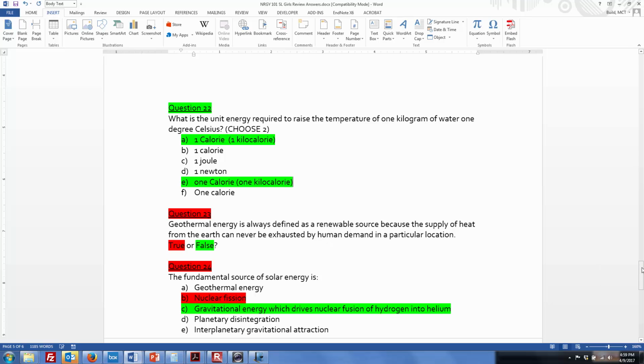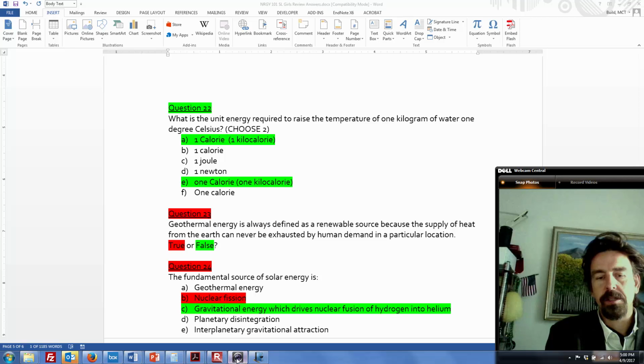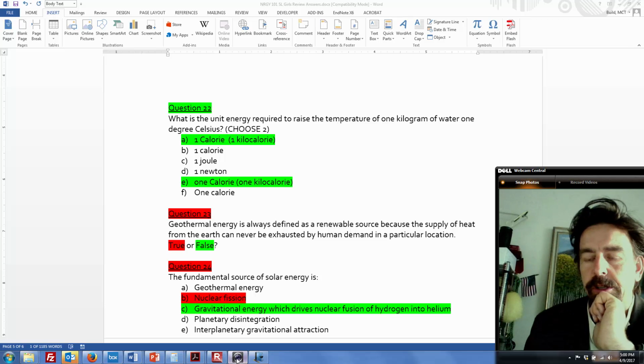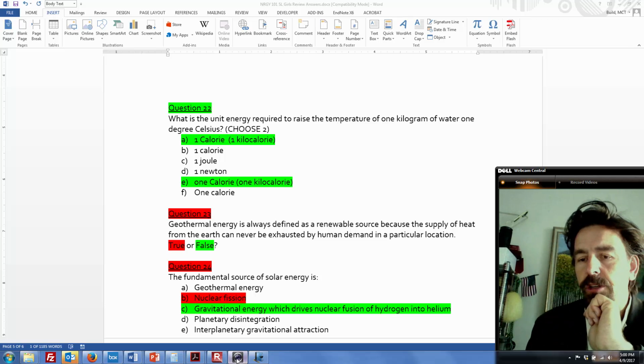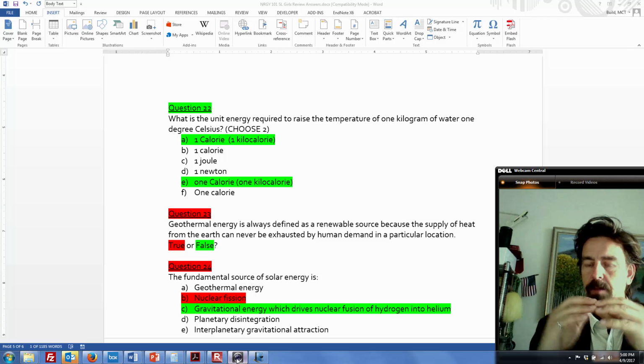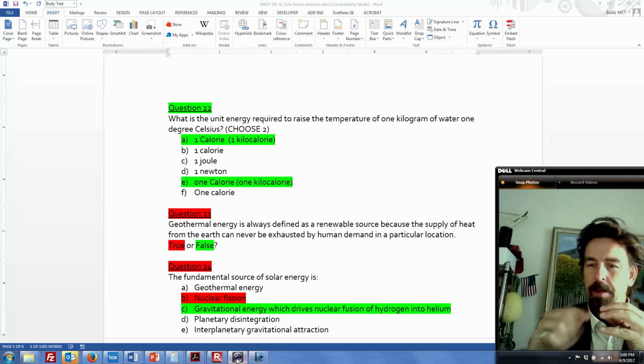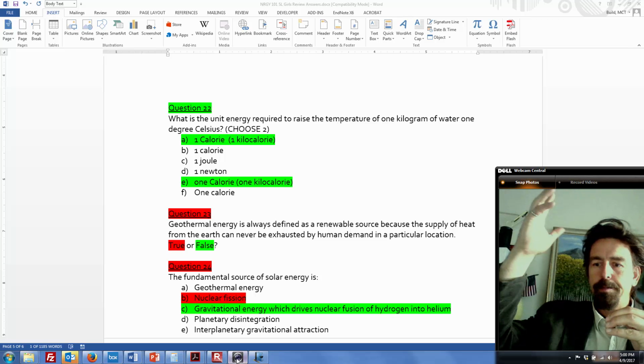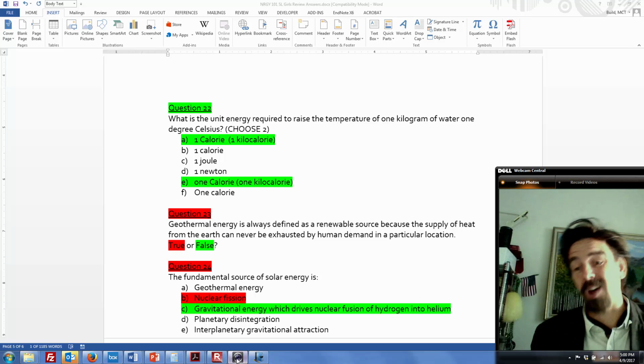Geothermal energy is always defined as a renewable source because the supply of heat from the earth can never be exhausted at a particular location. Okay, this one is interesting because in geothermal you can have some hot water here, but if I pull it very quickly, it's gone.